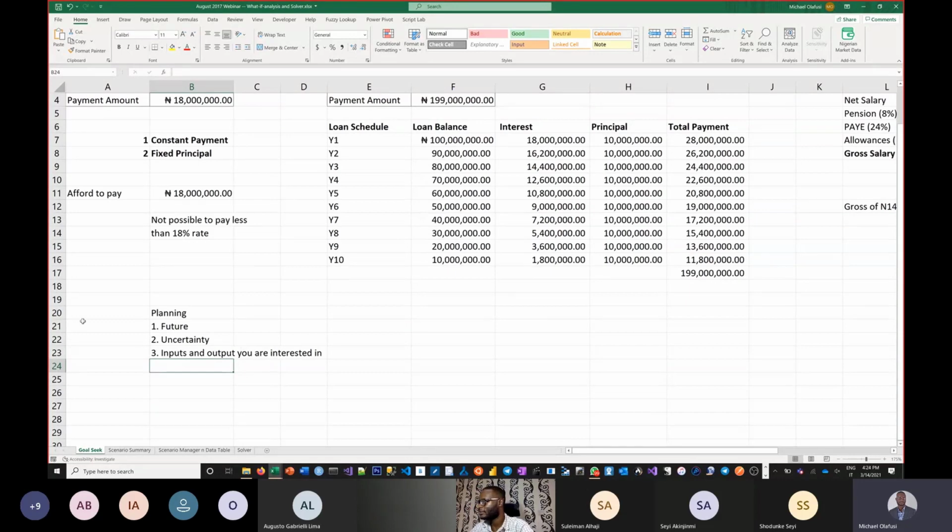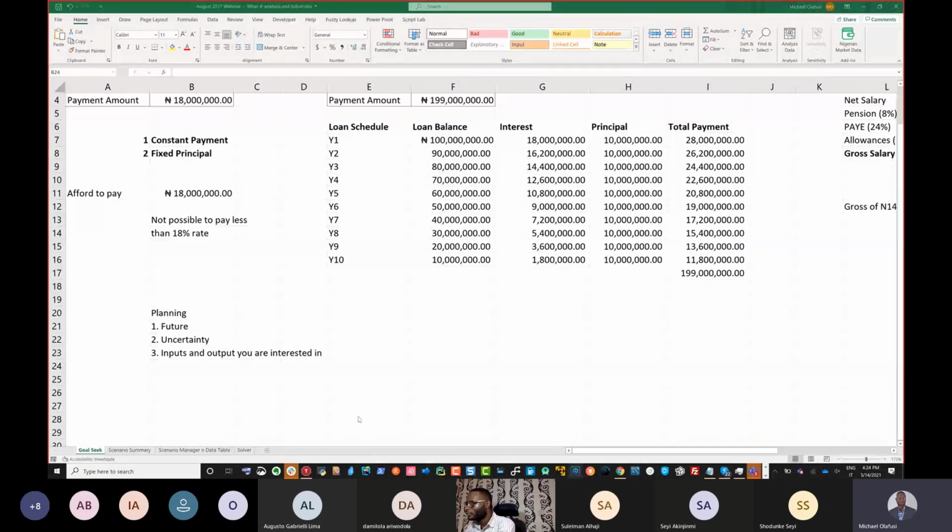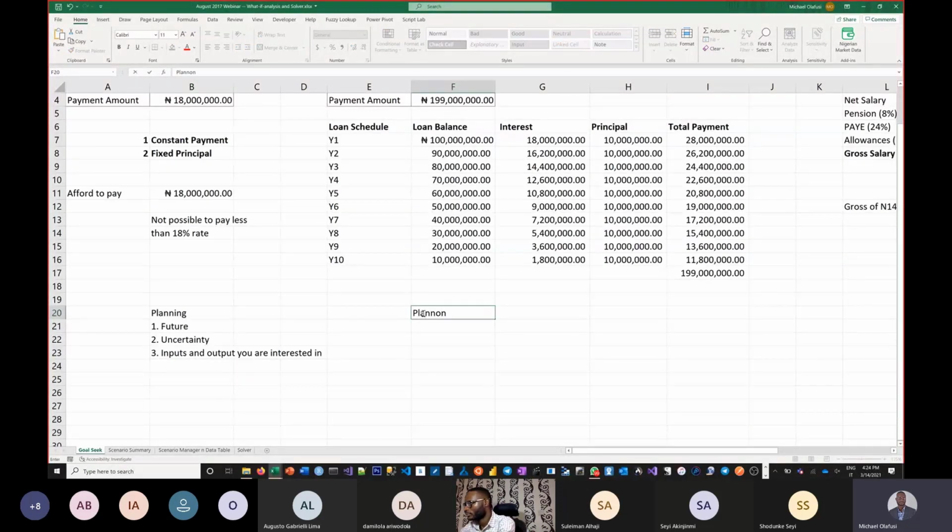So what are the things that you have in Excel to help you to handle planning? Okay, so the tools we have in Excel. Planning tools in Excel are the forecast tool I showed you.